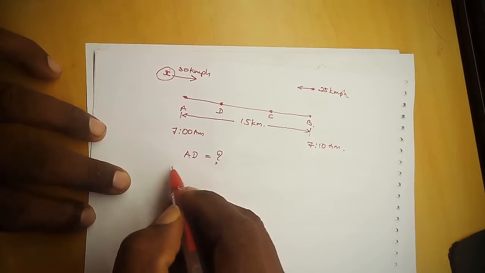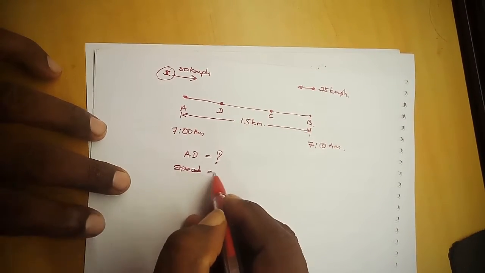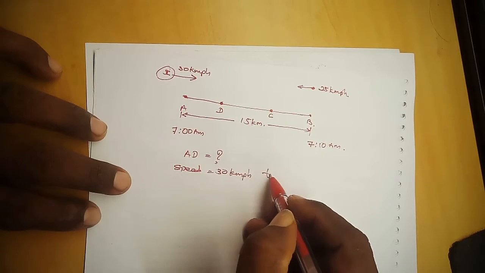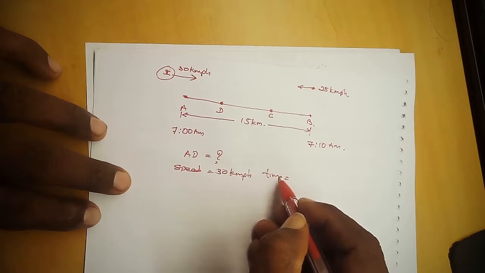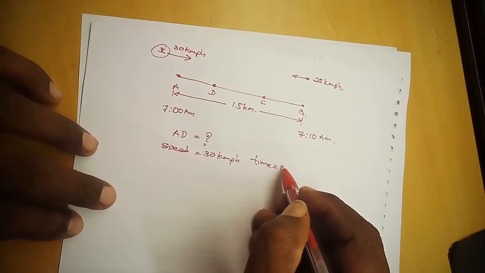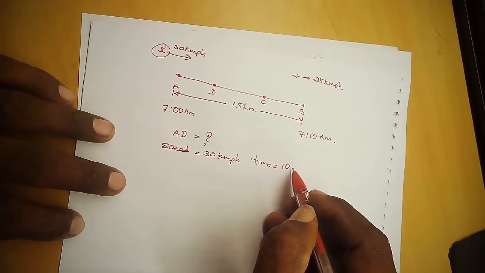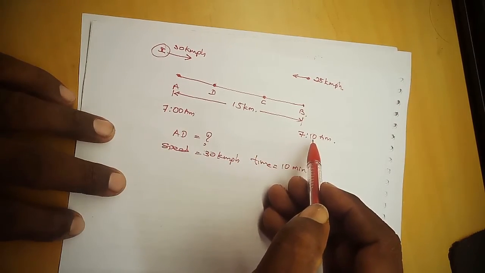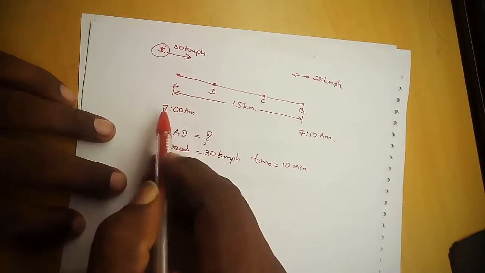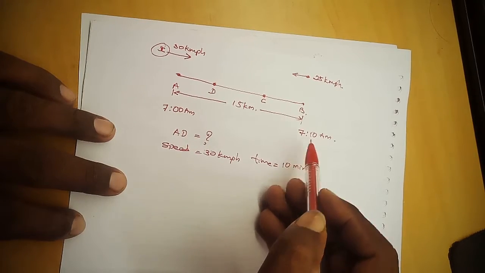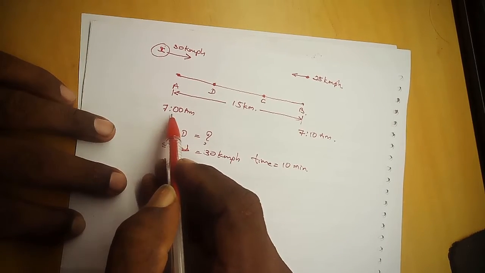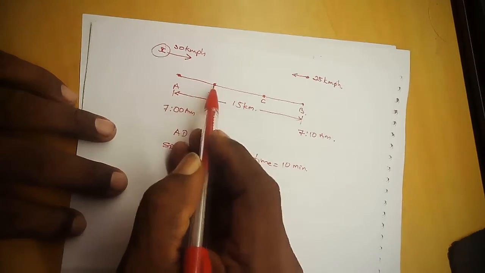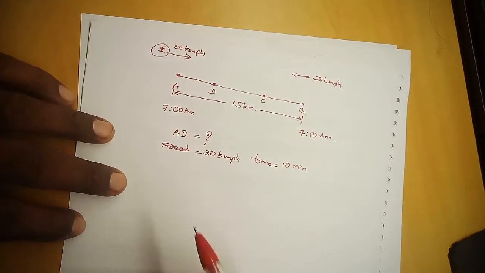We know speed is 30 km/h and time is 10 minutes. This man starts at 7 and the other at 7:10, so at 7:10, at what distance will he be? So time is 10 minutes.